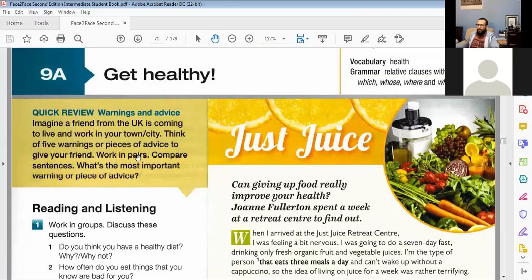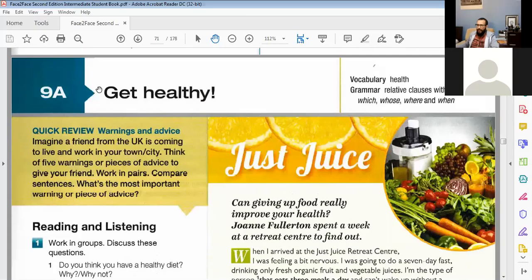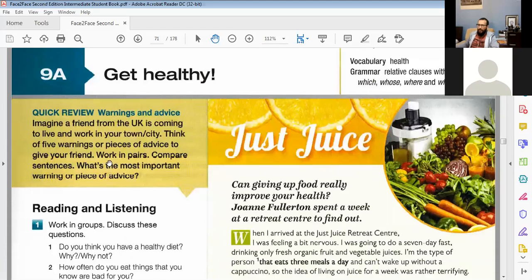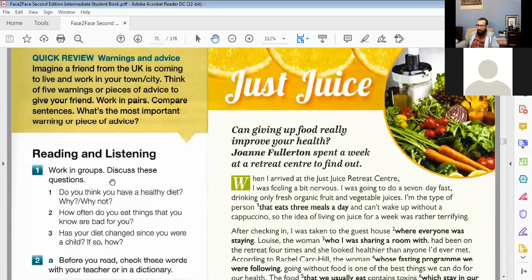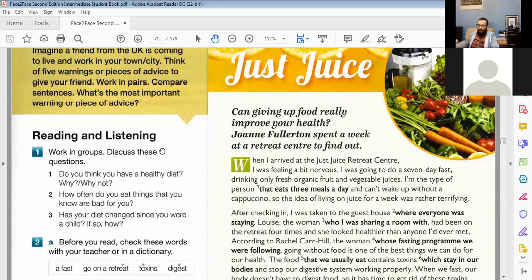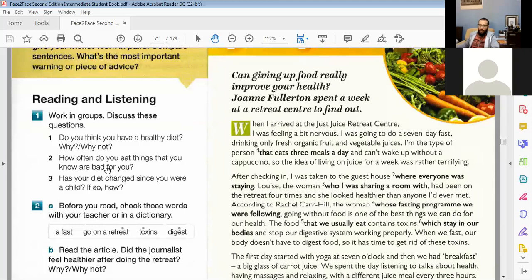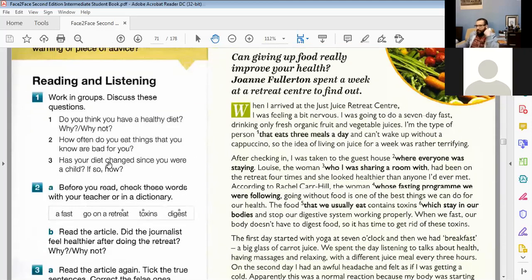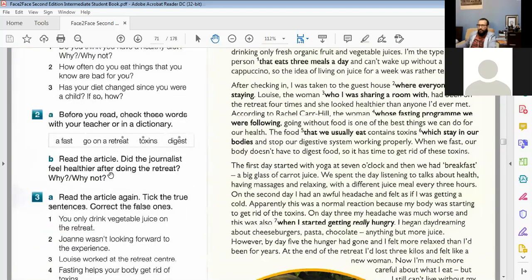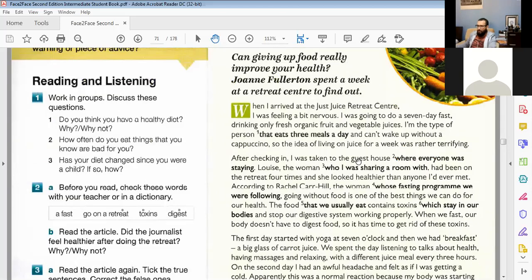So if you remember, we were talking about getting healthy in our last lesson. We talked about the different things we can do to be healthy, to have a healthy diet. We also talked about some programs like having juice, vegetable juice and fruit juices.